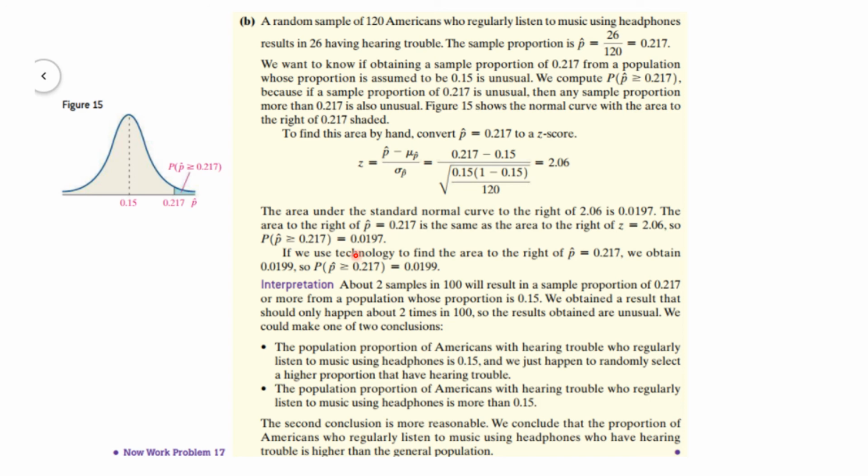And so when I do that, what I get is that the probability that it's bigger than or equal to that is this. Now, what would one conclude? Well, you could just say, oh, I just happened to get a sample of people who are having hearing problems, but more likely the population proportion of Americans with hearing trouble who regularly listen to music using headphones is more than 50%. That is, this hurts your hearing.